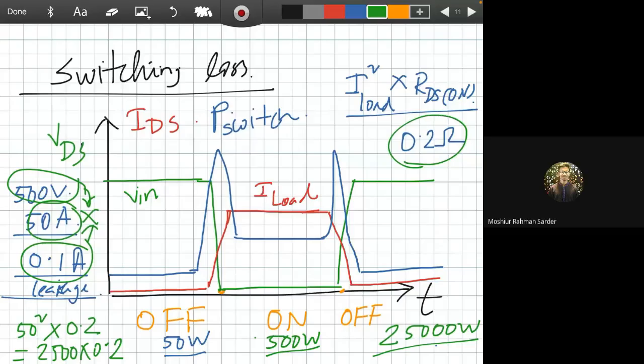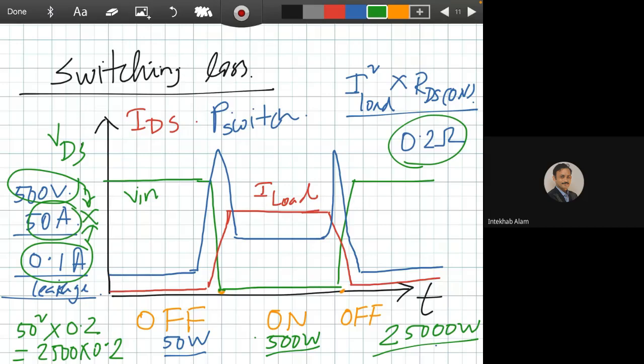Then sir, for those big things, how should we design, or which topology is normally used? Full bridge. No doubt, full bridge. If you use a 20 kVA transformer, it's a huge one, and it's a lossy one.